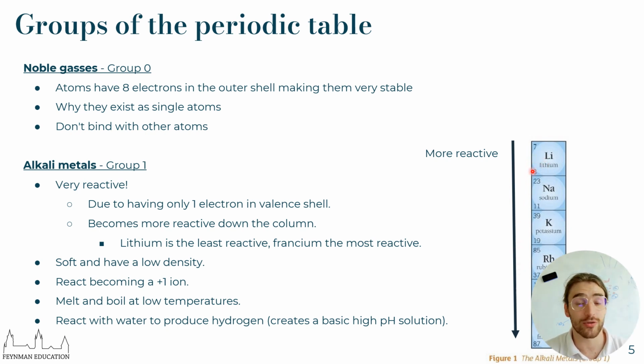It goes from 3 protons, 11, 19, 37, getting bigger and bigger, and therefore their electron shells are going to get more and more. Remember, each period is the number of shells. So lithium is going to have a lot fewer shells than Rb.